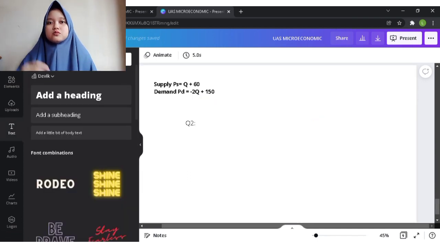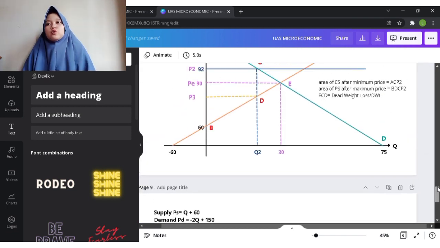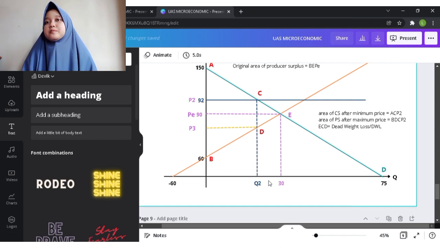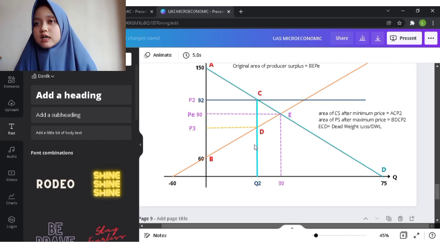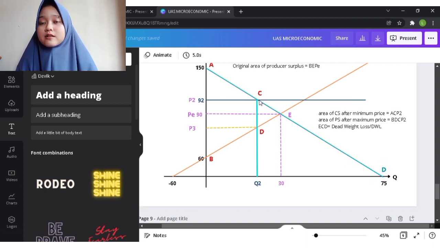To know Q2, first we must take a look at the line of Q2. The line of Q2 is tangent to the demand curve.